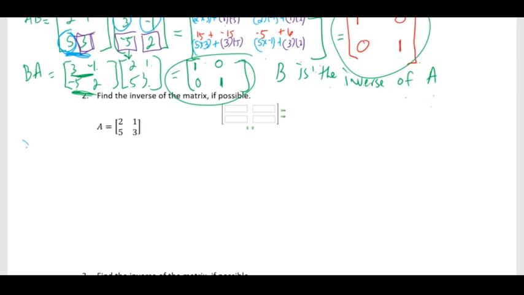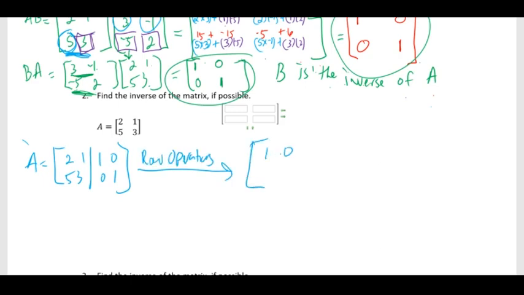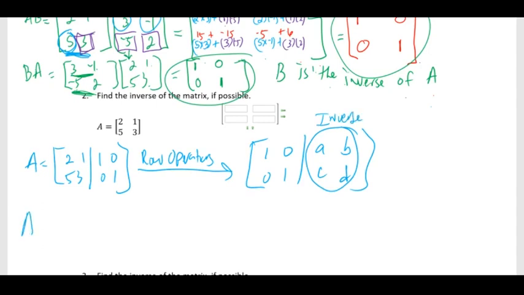The first way is to attach the identity matrix and then do row operations so that you end up with the identity matrix on the left side, and whatever you have on the right side will be your inverse. That's one way to do it. The other way to do it is to use the formula, and the formula only works for a 2 by 2.